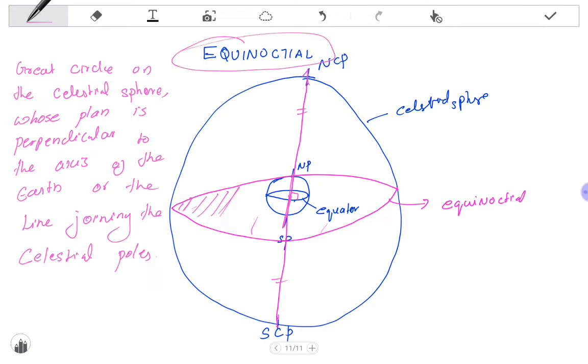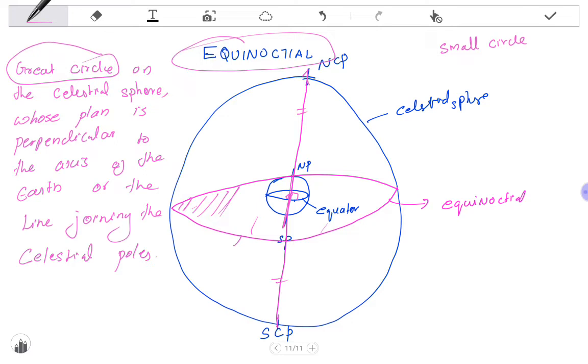Now the next thing is the declination circle. I will explain it in the same diagram. We know the equinoctial is a great circle, right? There is another kind of circle called a small circle. What is a small circle? Any circle whose plane does not pass through the center is a small circle.